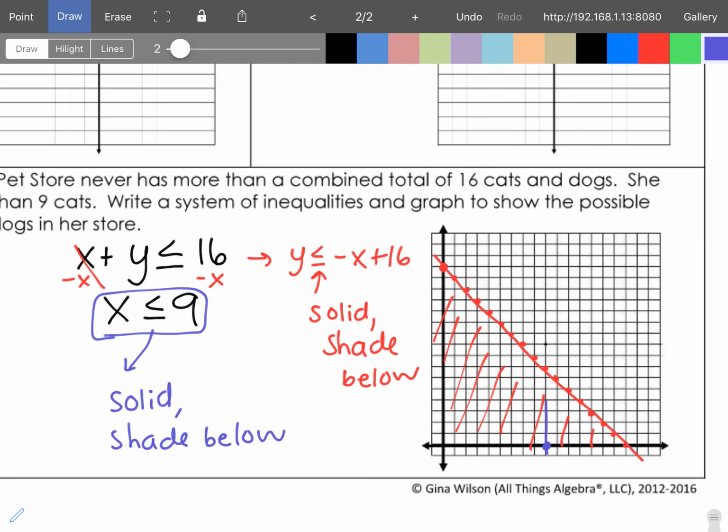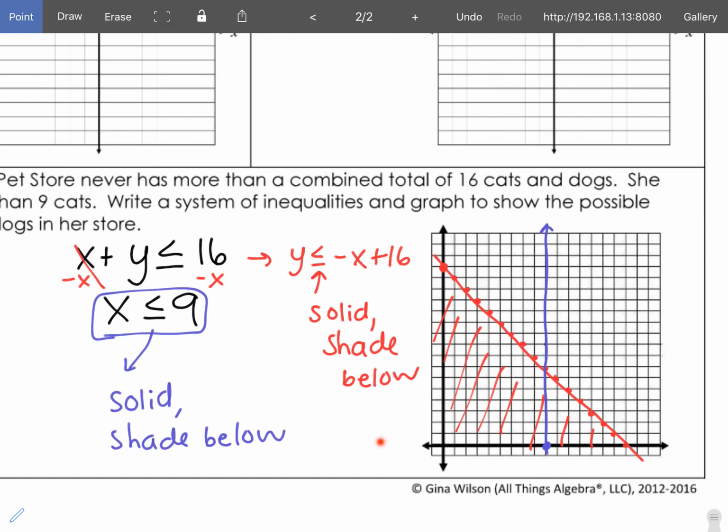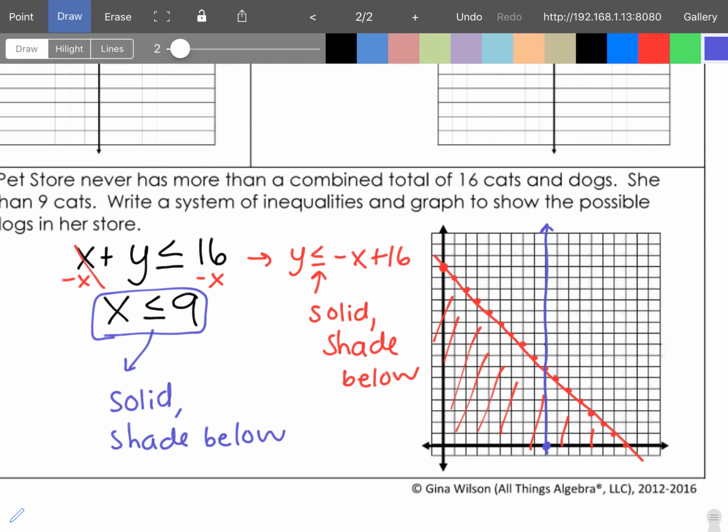Remember, an x equals is always a vertical line. Okay, and we're going to shade below. And remember, when it's shade below, we're going to shade where x is getting smaller. So x gets smaller and smaller the farther we go this way, right? So that means we're going to shade this way. If it was x is greater than or equal to 9, it would be this way because x gets greater that way. So we're going to shade here. Where do they meet? They meet here. So all of this is your answer.